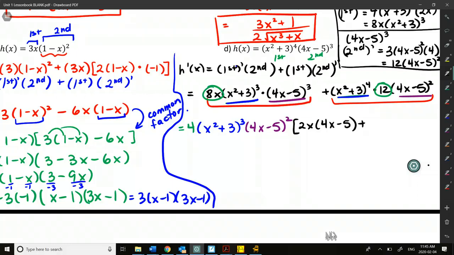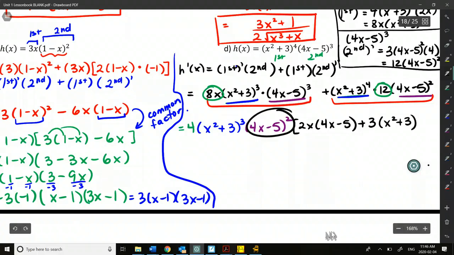Because when you divide 8 by 4, I get 2x, right? Okay, out of 12, we took out 4, so we should be left with 3 from that. I took out 3 out of the x squared plus 3s, so I'm going to be left with 1 of them. And I took out 2 of the 4x minus 5, so this is now gone because I've removed that from the second term there.